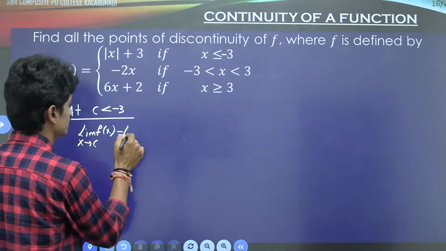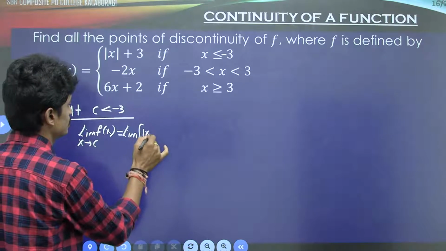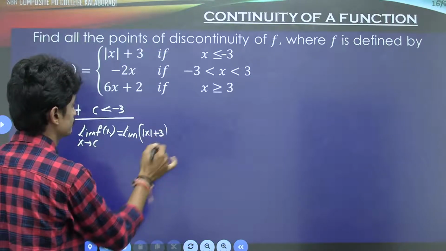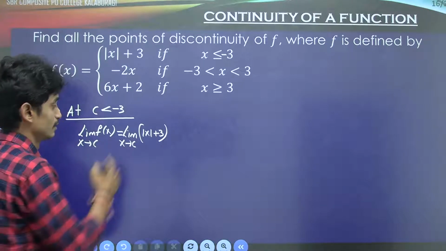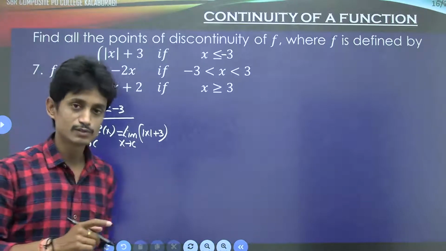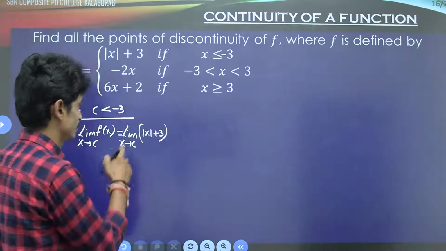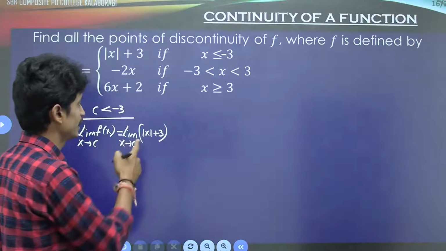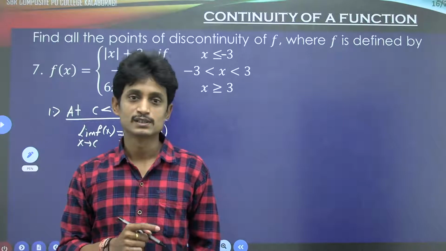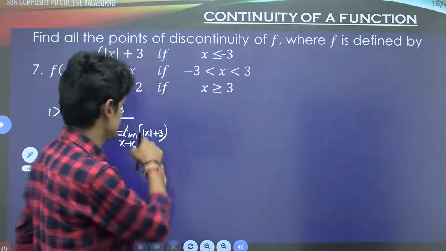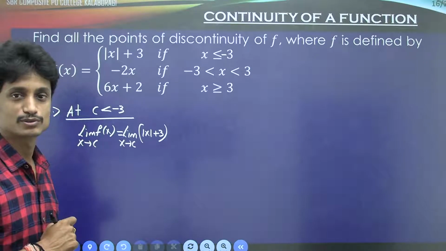Now, this is the limit of modulus x plus 3 as x tending to c. Modulus x, we already know, is a continuous function everywhere. So by substituting any value from minus 3 to minus infinity, you will not get any indeterminate form like 0 by 0 or 0 power 0.